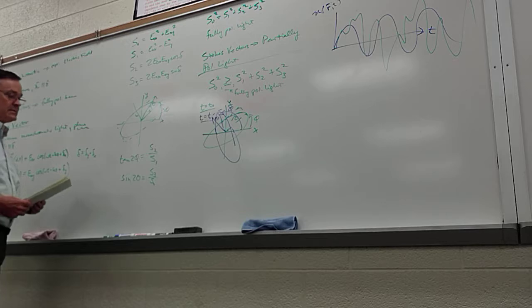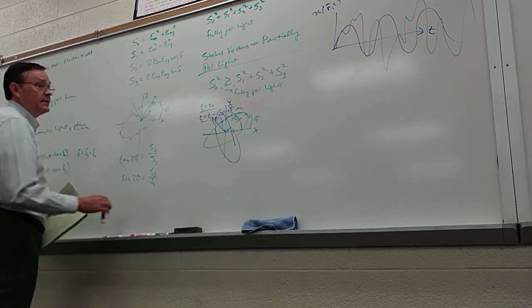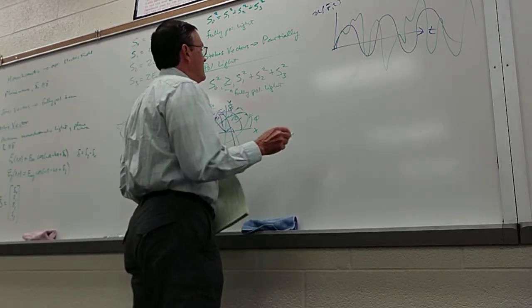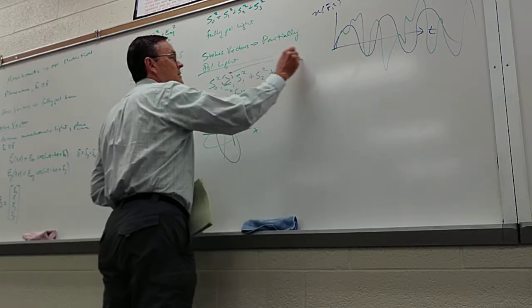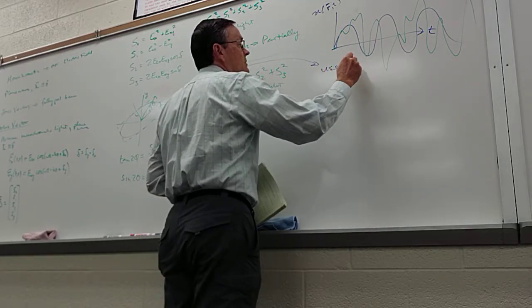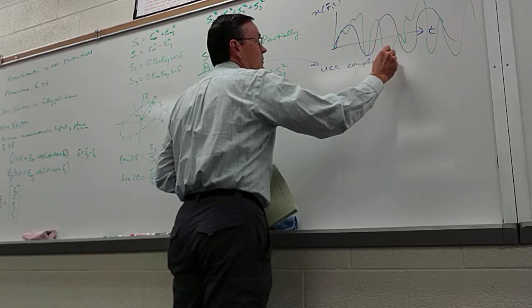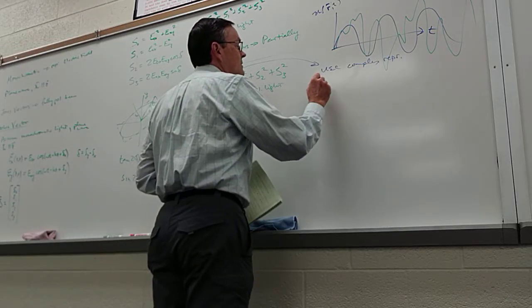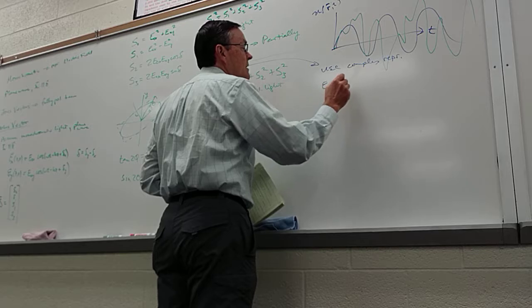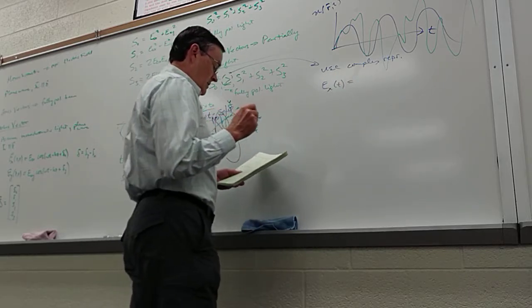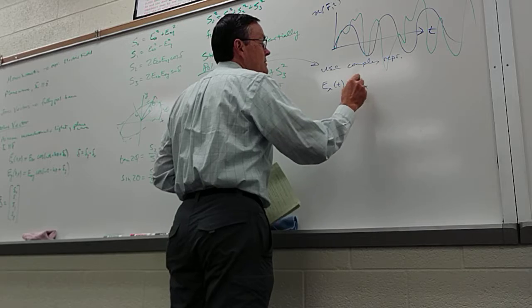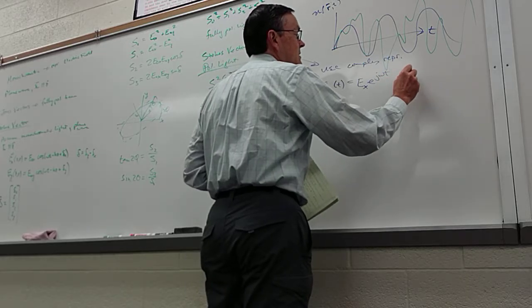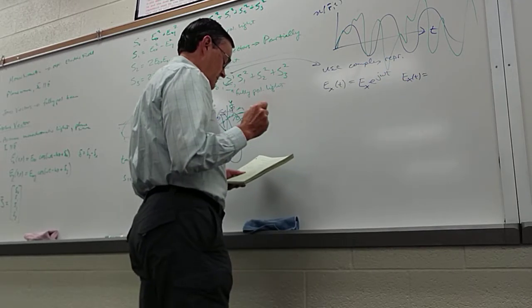Okay, so in the case of unpolarized or partially polarized light, what we do is use a complex representation for the field. So in other words, the x component as a function of time, we can write as some magnitude times e to the j omega t, but that magnitude is itself time dependent.